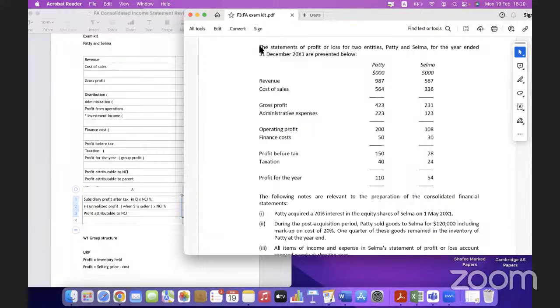Okay. Now, guys, read this sentence and read Roman number 1. Can you quickly decide in your mind who bought whom, what percentage, how many months?